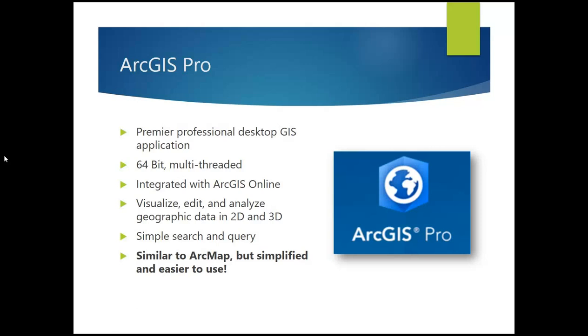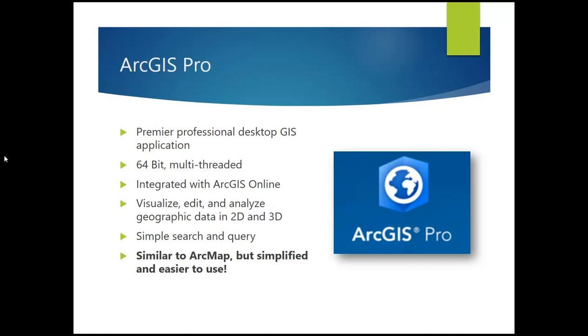The 64-bit geoprocessing is more robust and allows for the results to be more accurate, and processes that used to hang or run out of memory in ArcMap may be able to complete successfully. It also does not block out the application while the tool is running, so you are able to do more things at once. The 64-bit also allows you to utilize multiple cores of your processor, giving you more computing power.